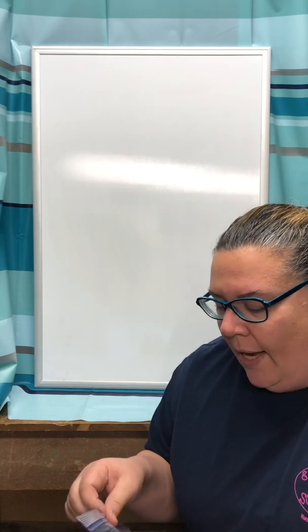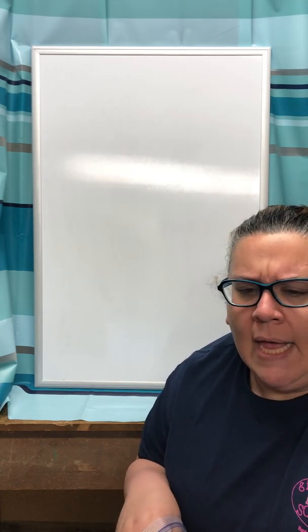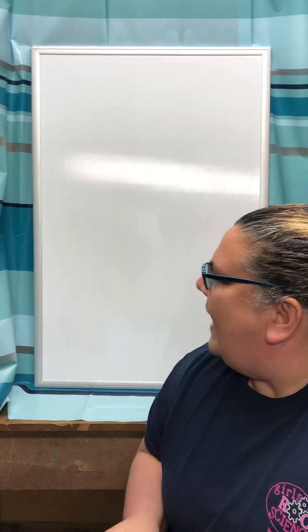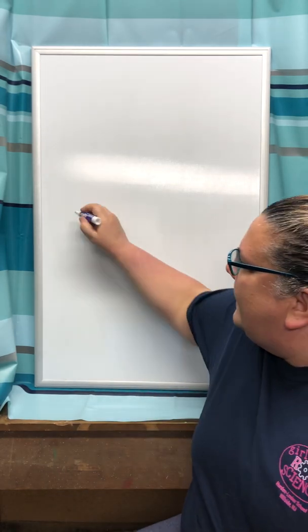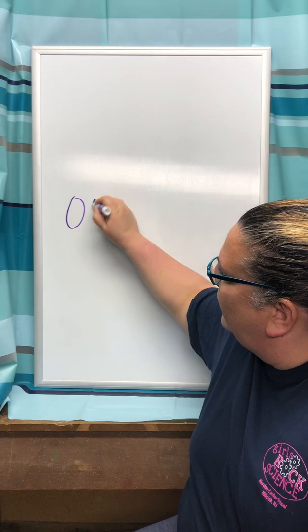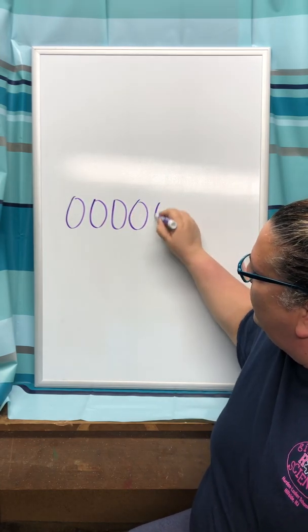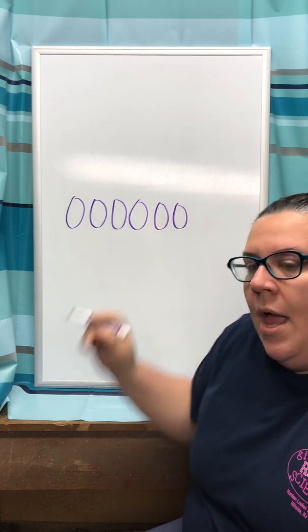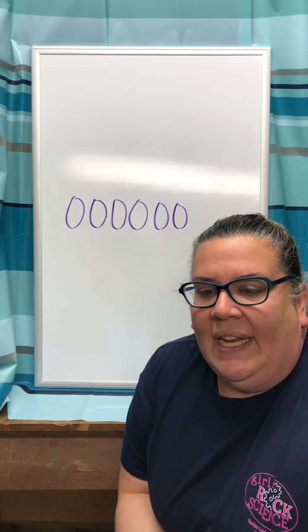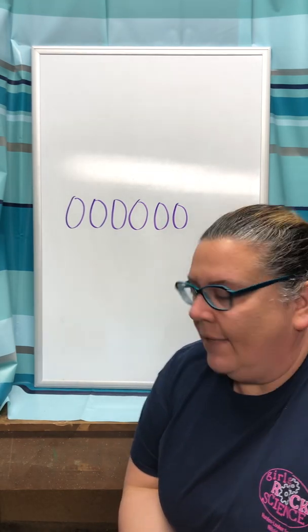So the first thing I'm going to do is, I know that Brandon has 6 eggs. So I'm going to draw my 6 eggs. And we also know that he needs 2/3 of the eggs to make an omelet.